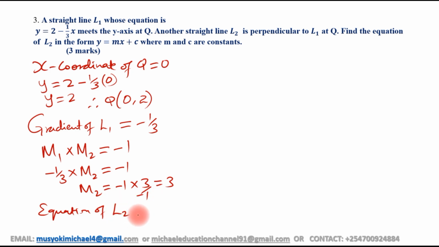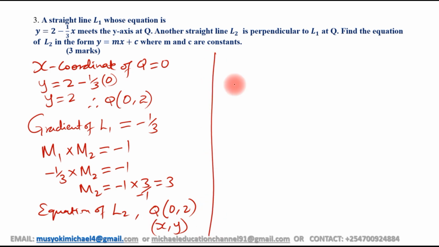So we need two points, and L2 passes through point Q, which is (0, 2). We can also have another point (x, y) which is on the line with Q. And therefore, the gradient, change in y over change in x, is equal to 3. We are looking for the equation of line L2.